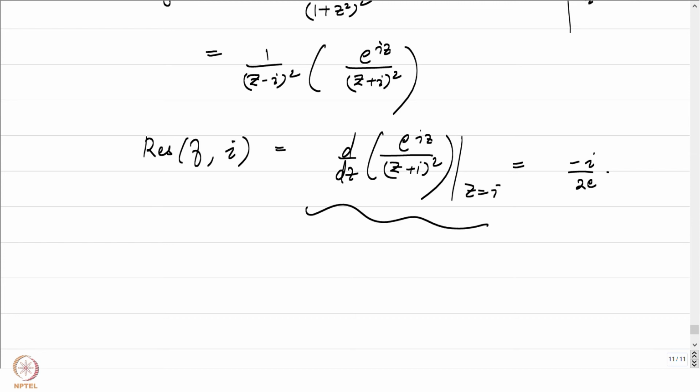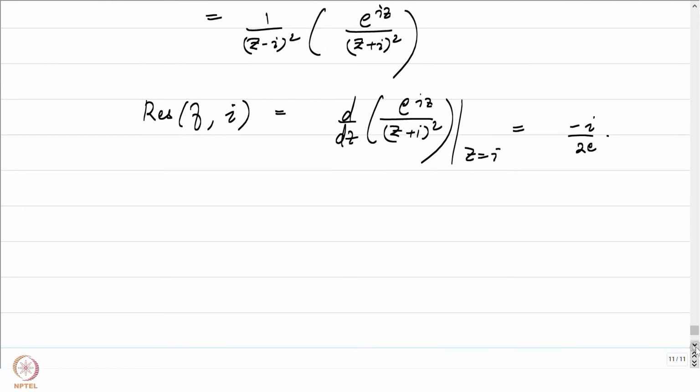So the argument here about why this is the residue is exactly the same as earlier. It's going to be the second term in the power series expansion of e to the power iz by (z plus i) the whole square around z equal to i, and that is computed by looking at this derivative evaluated at i by using our knowledge from power series.